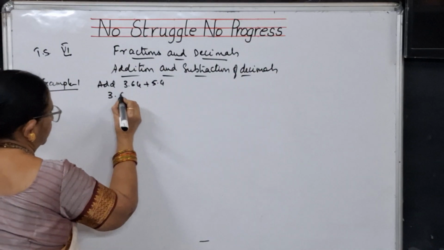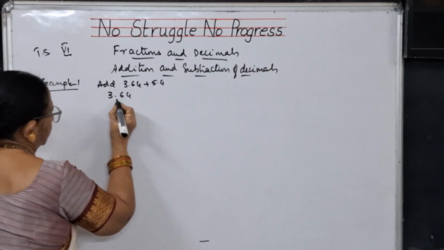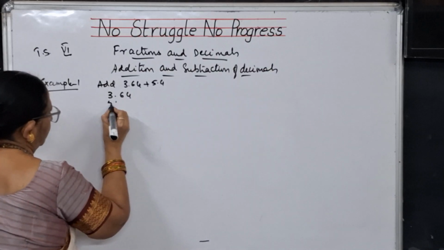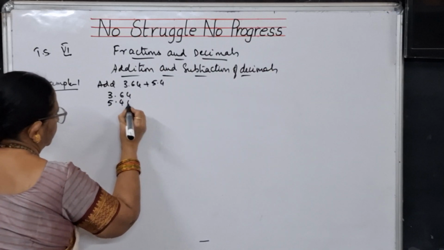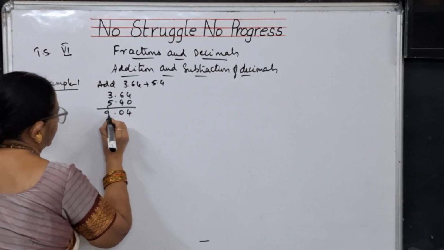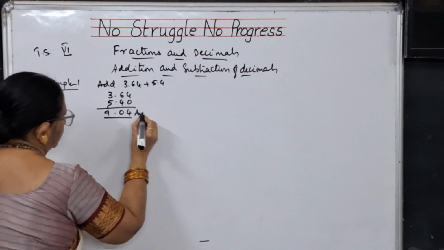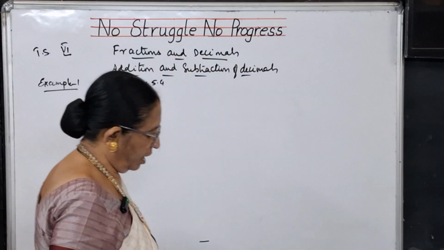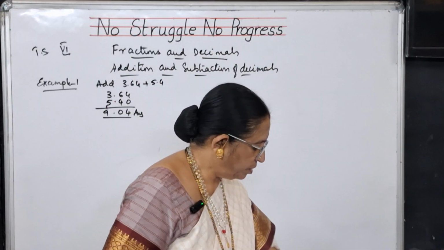So for 3.64, after the decimal, I have taken here 5, here 4. So 0.4, 10, 9. 9.04 is the answer for it.